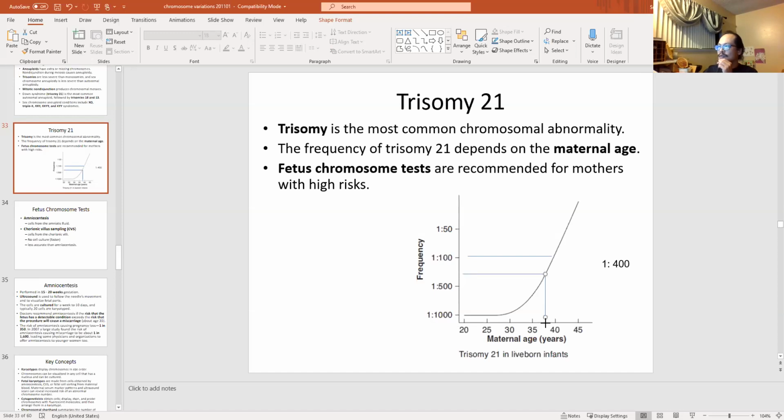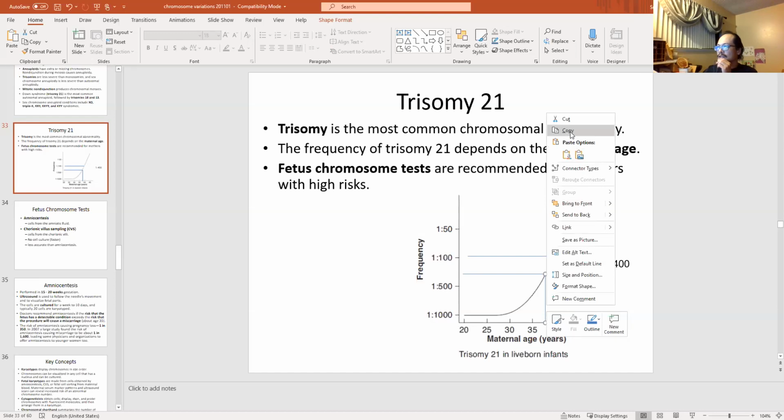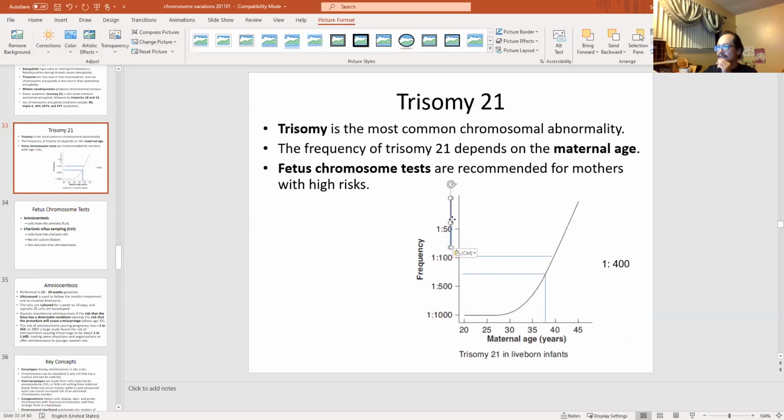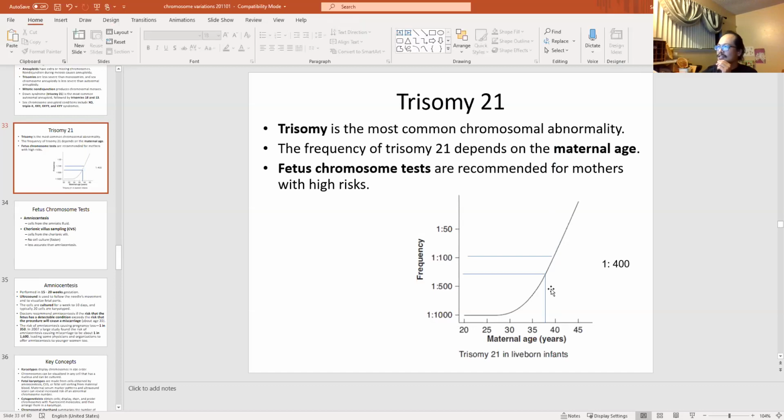And if the woman is, say, 40 years old, so this age, 40.